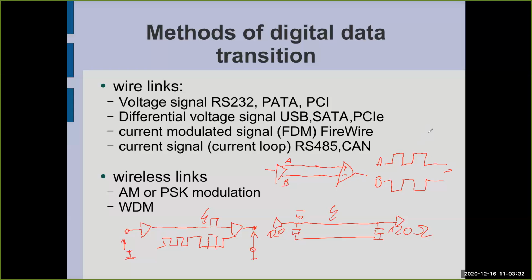But what happens if external interference is observed? Usually these wires are twisted, so they go next to each other. We can expect that the induced potential will be similar in both of these wires.